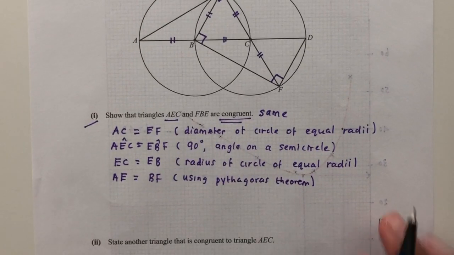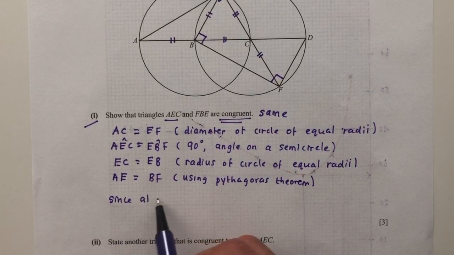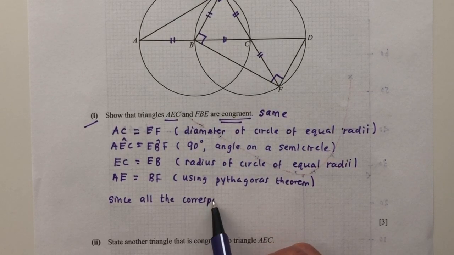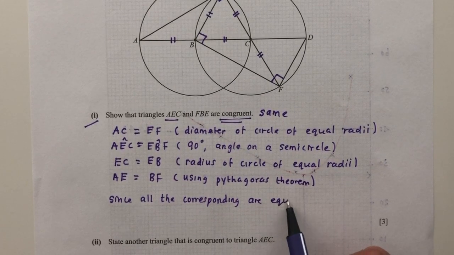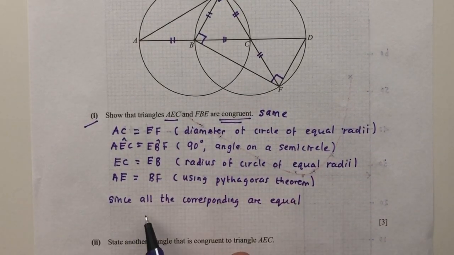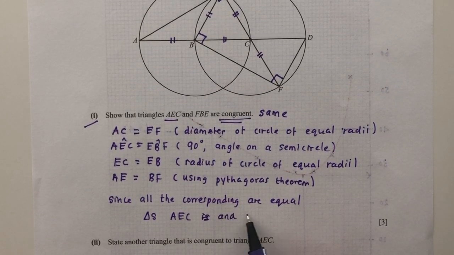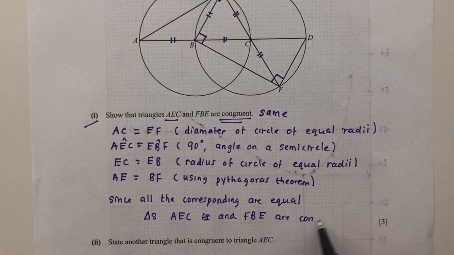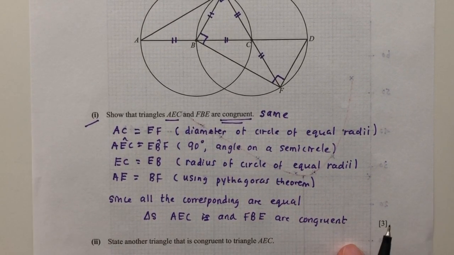So since all the corresponding sides are exactly equal, we have proven that triangles AEC and FBE are congruent. Because all the sides are equal, they are congruent.